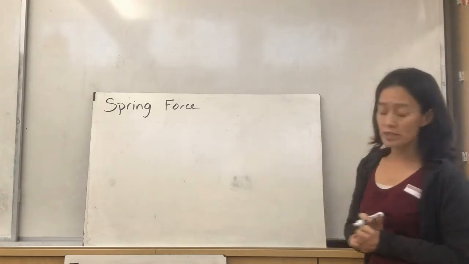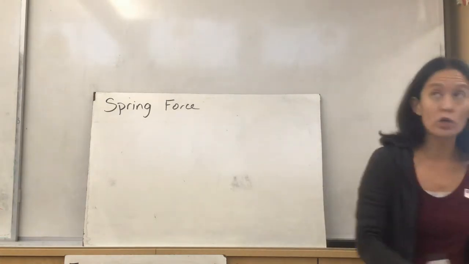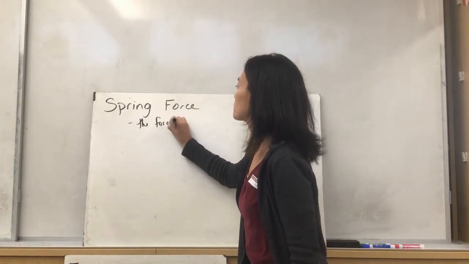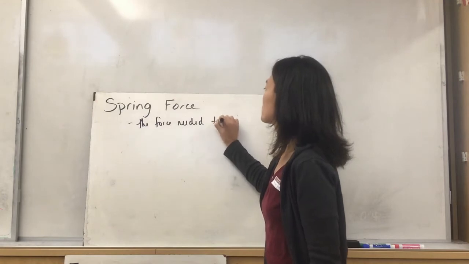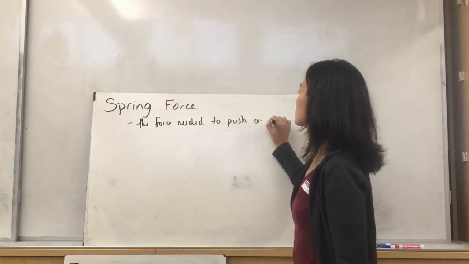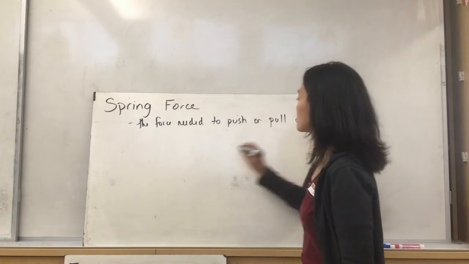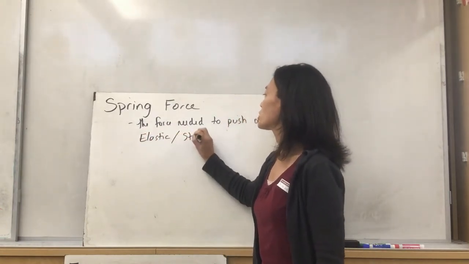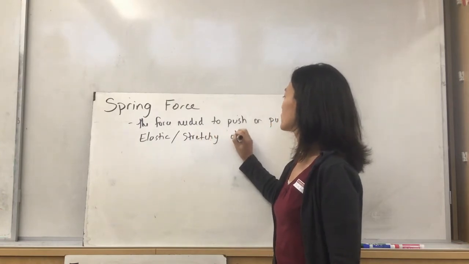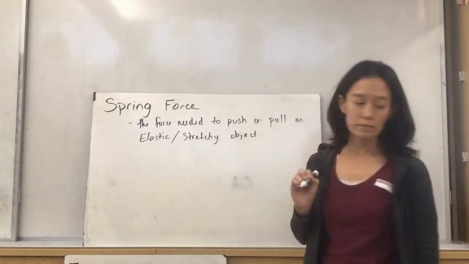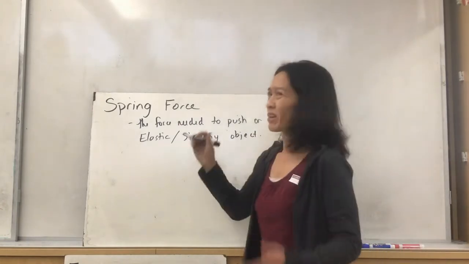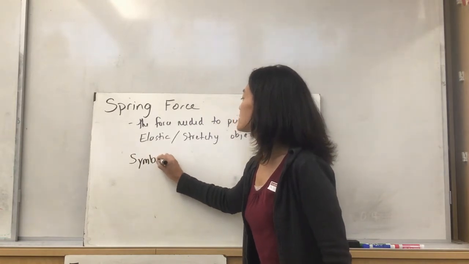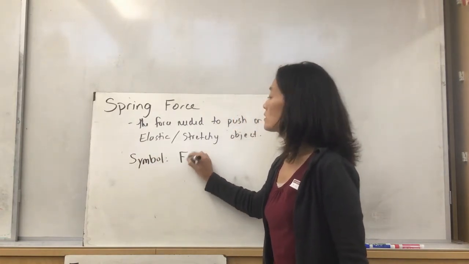So the spring force is essentially a force needed to push or pull an elastic, stretchy object, like a rubber band or a spring. We symbolize it as F sub S for spring.